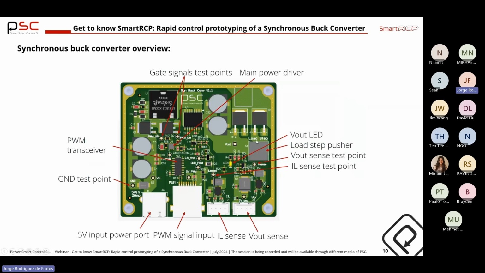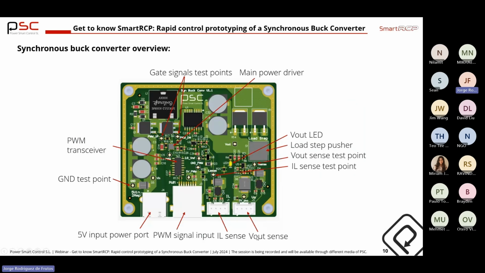In here, we have a USB port, which is the input power for this converter, so 5 volts. In here, we have an Ethernet connector in which we introduce the PWM signals, and those two Molex connectors are for the current sensing and for the output voltage sensing.